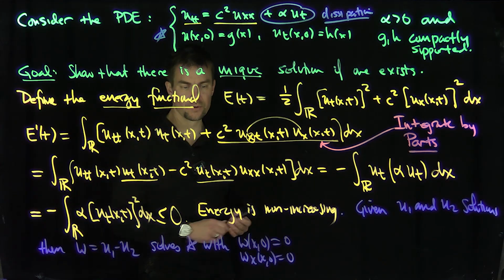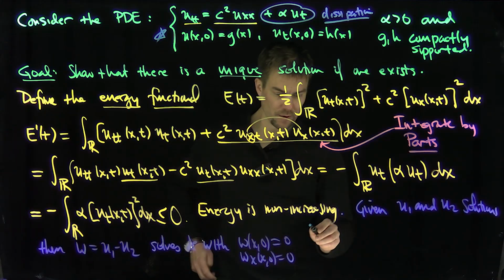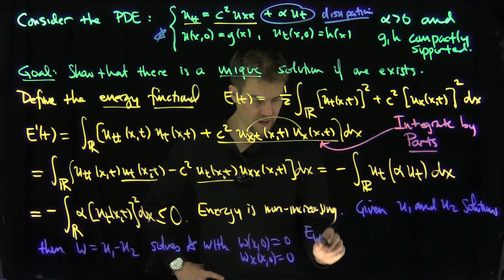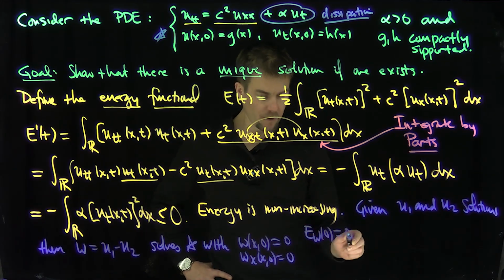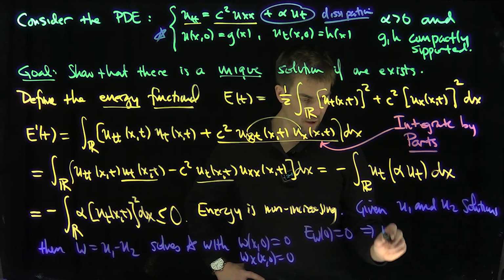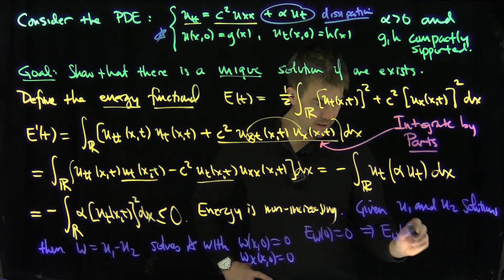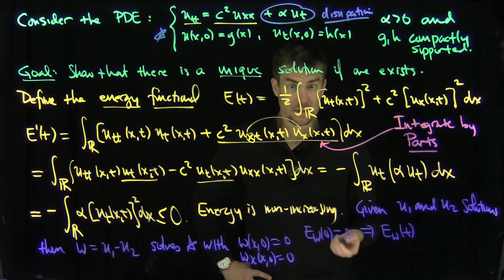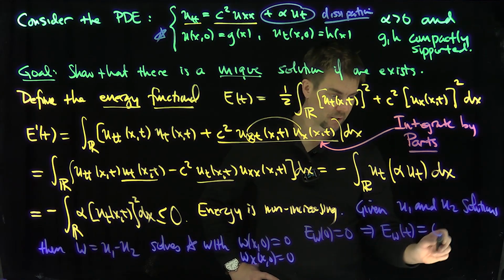That says that w initially has energy 0, so the energy relative to w at time 0 is equal to 0. The energy of w for all time is decreasing, and it's always bigger than or equal to 0, so it has to be equal to 0 for all time.